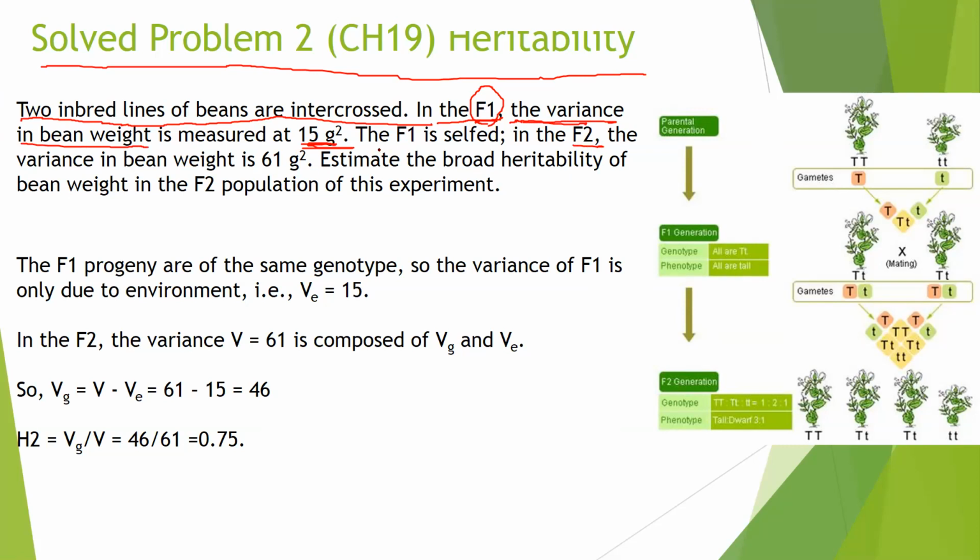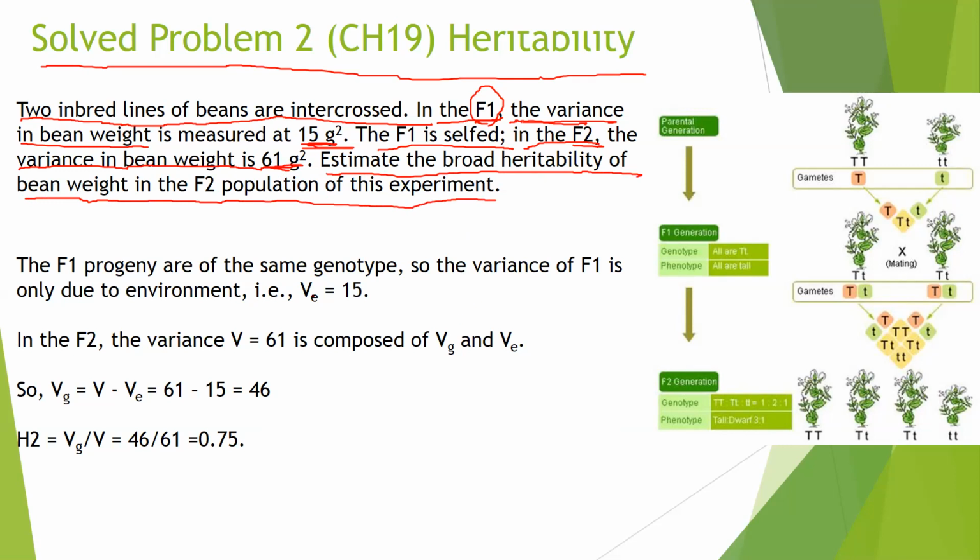Next, when the F1 is selfed or intercrossed to generate F2, the total variance in bean weights for the F2 progeny is this much, 61. Here we want to estimate the broad sense heritability of the bean weight in the F2 population of this experiment. To answer this question, we have to understand the concepts behind it.